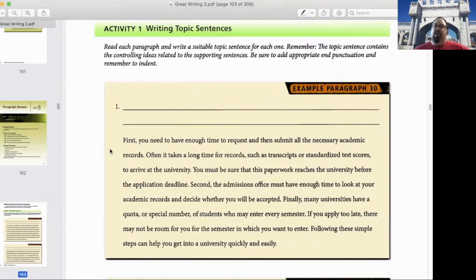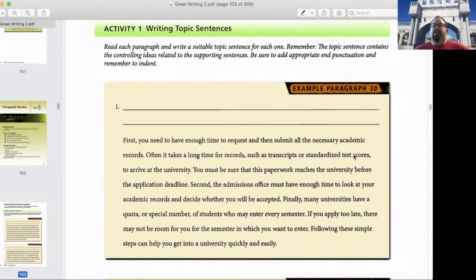Okay, academic records sounds like something related to school. Okay, and it's about how much time you need to do something. So, okay. Often it takes a long time, there's time again, for records such as transcripts or standardized test scores to arrive at the university. So a transcript is a piece of paper that has all of your grades on it, all the grades you earned in your classes.